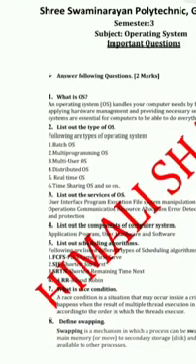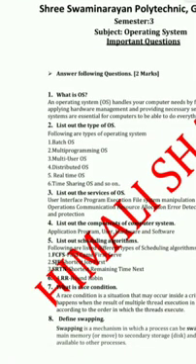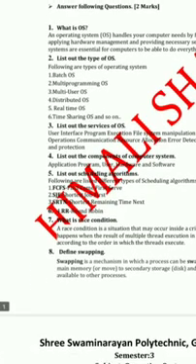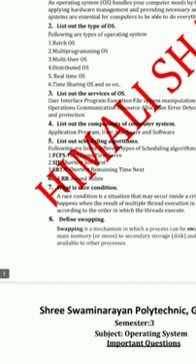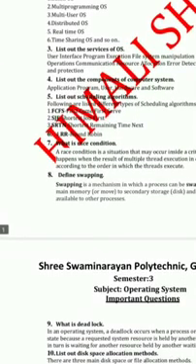So see, these are the most commonly asked GTU 2-mark questions. Again, we have repeated them. First, what is OS. Second, list out the types of OS. Third, list out the services of OS. Fourth, list out the components of a computer system.